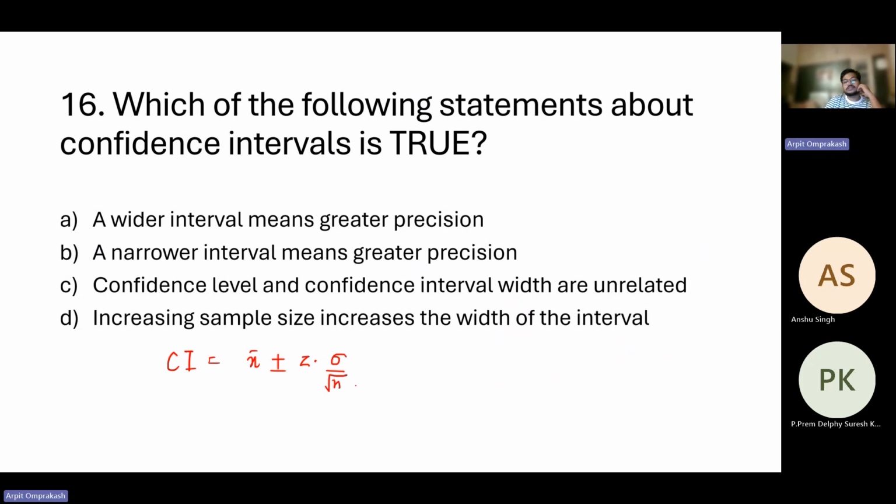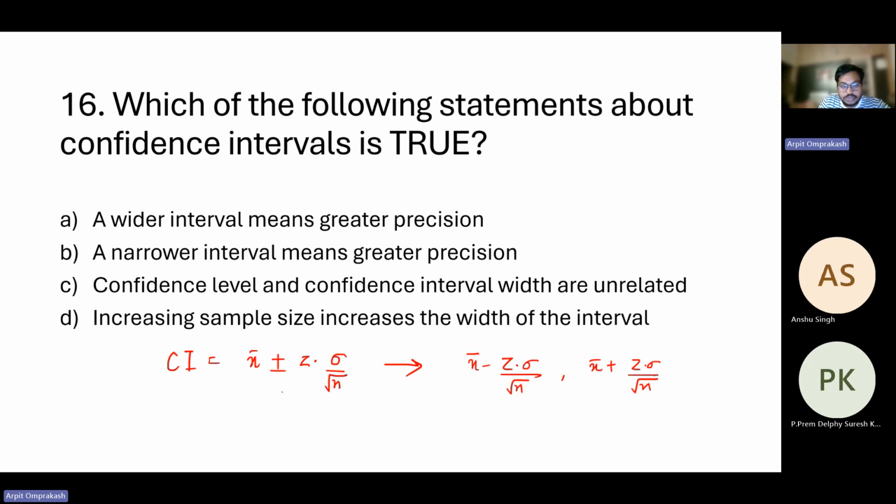So this ranges from x bar minus z into sigma by root n to x bar plus z into sigma by root n. If you increase the value of n, this value becomes smaller, so the width of the interval decreases when you increase the sample size.